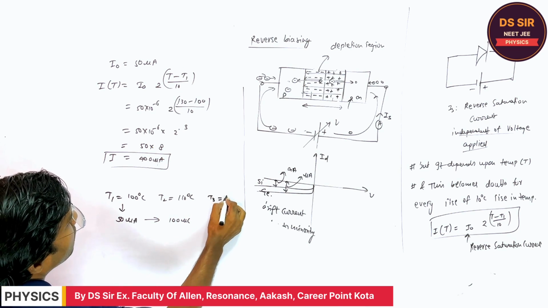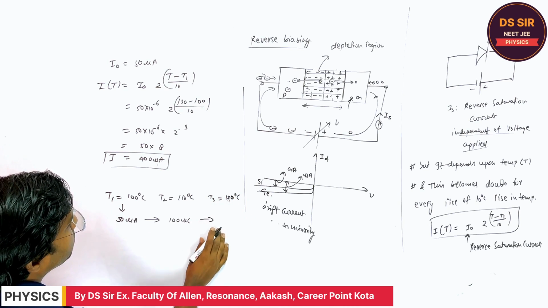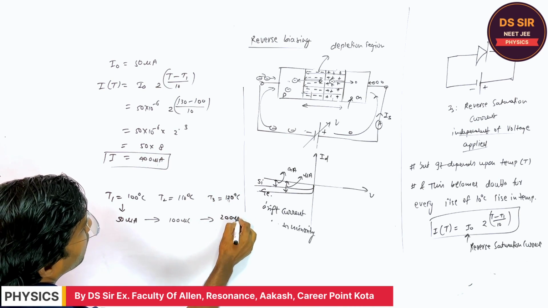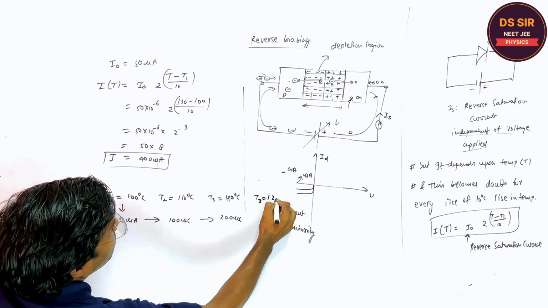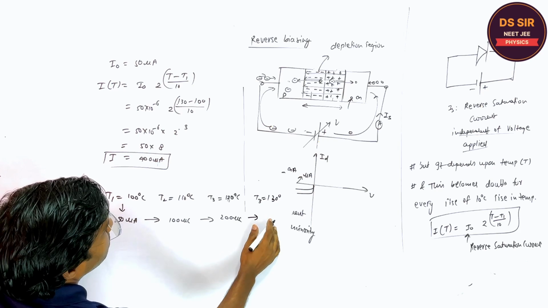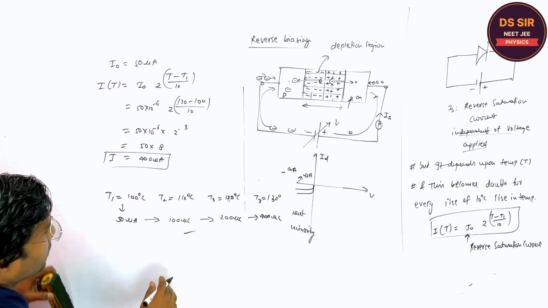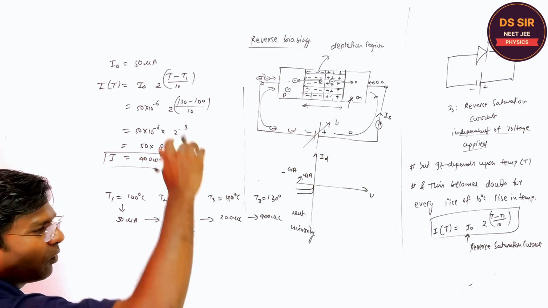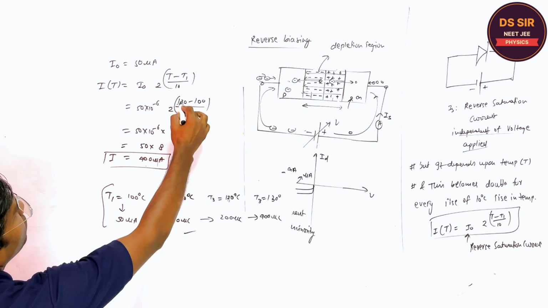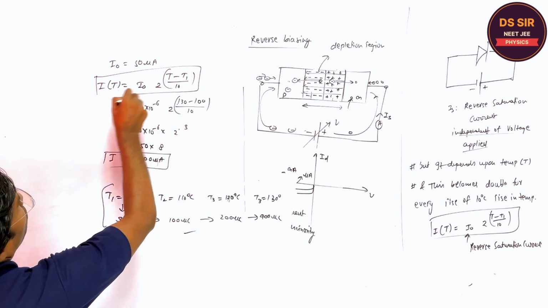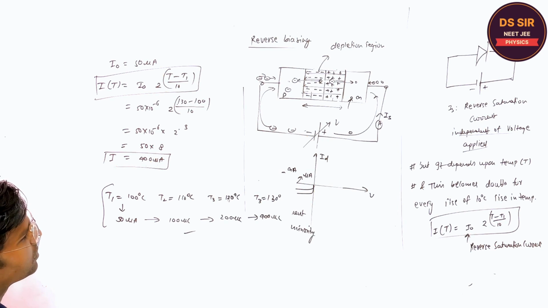Now again 110 degrees centigrade, 120, it becomes double, and for again a 10 degree rise in temperature, it becomes 400. Although this is one method, if they ask for 210, then it will be very tough. So then we can use this formula to find the reverse saturation current if the temperature is increased.